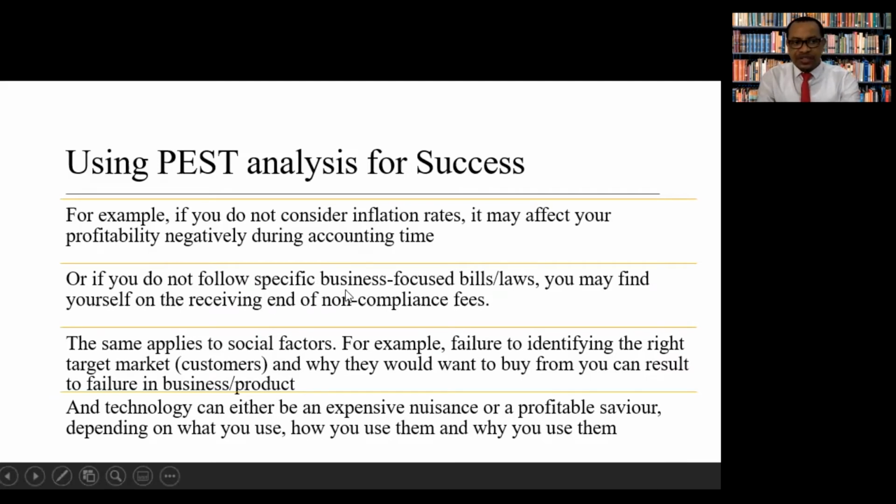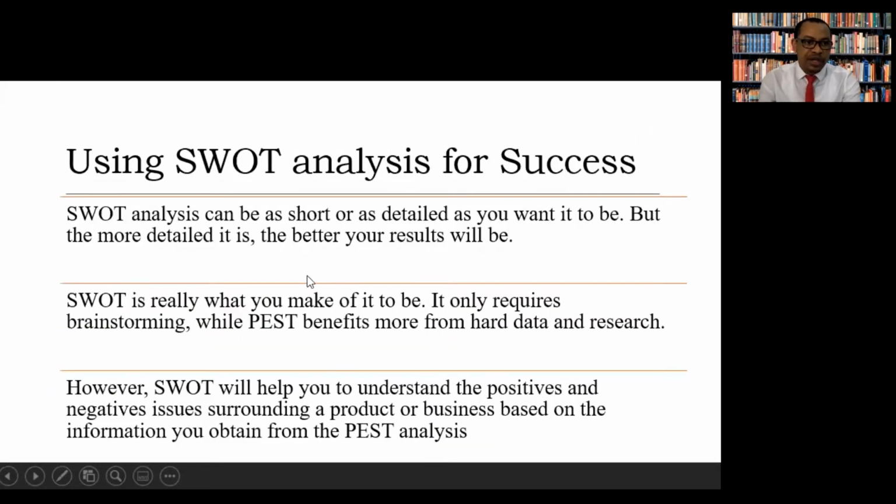So the knowledge of the technological environment will determine how you are able to succeed. It will determine the technology to use, how to use it, and why you are using it.